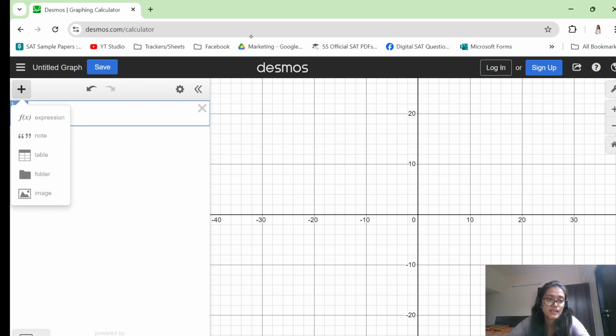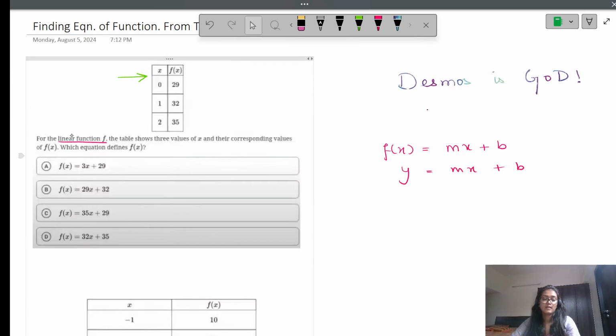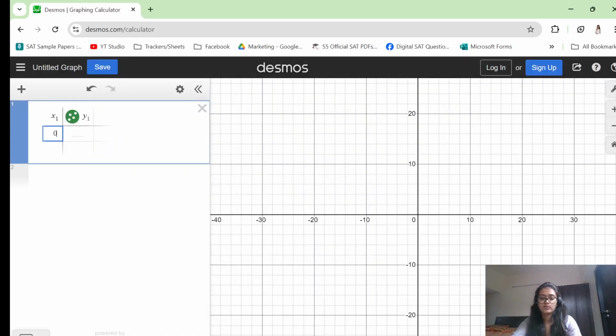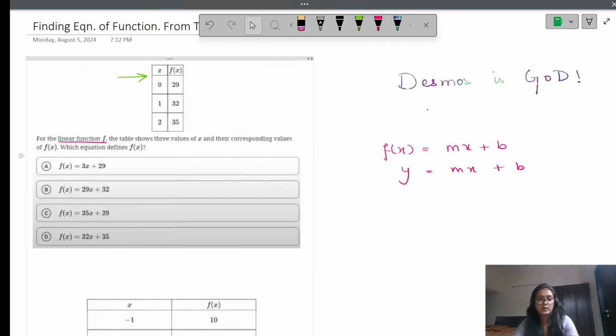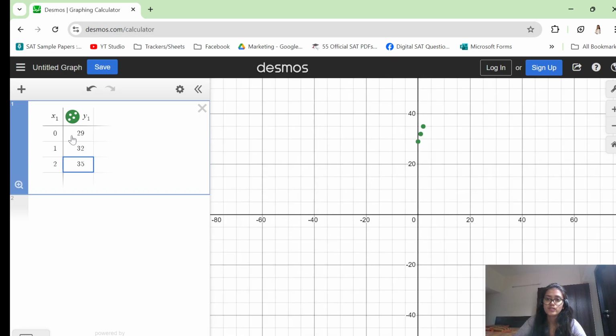Click on that plus icon and then select table, and you'll get a table with x1 and y1. Now just enter the points. So 0, 1, 2 are the x values, and the y values are 29, 32, 35.